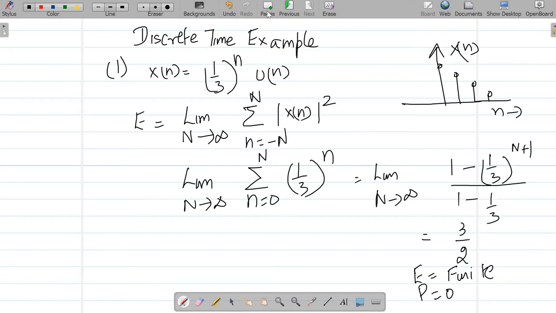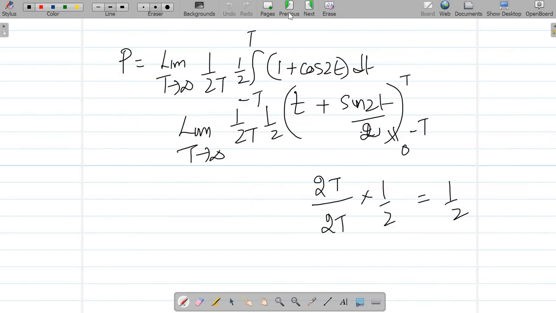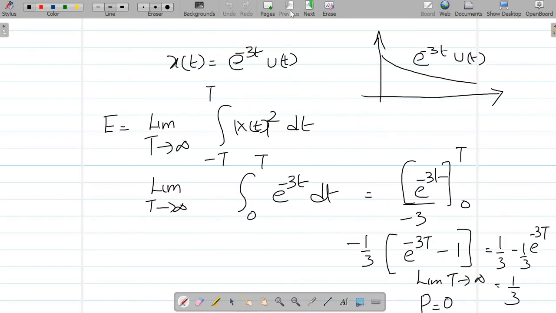Okay, I think in the first problem there was some mistake which we discussed. Let me go back to that problem. This one should have been 6t. Sorry. So all these things will change now. But anyway, the result is not going to change.